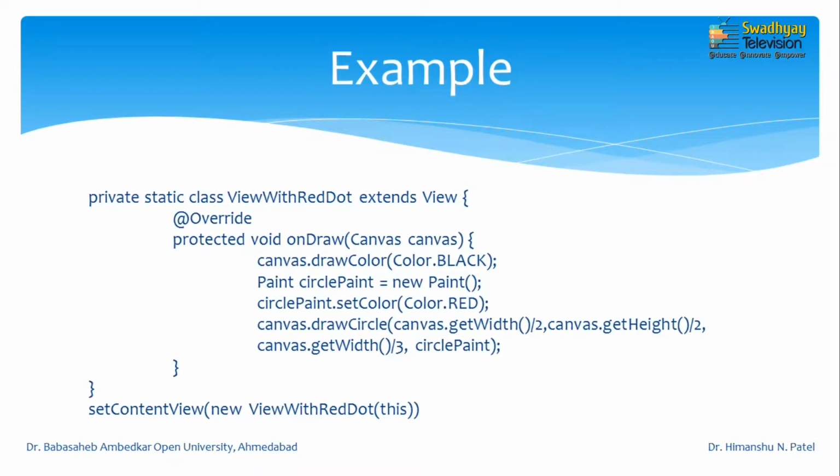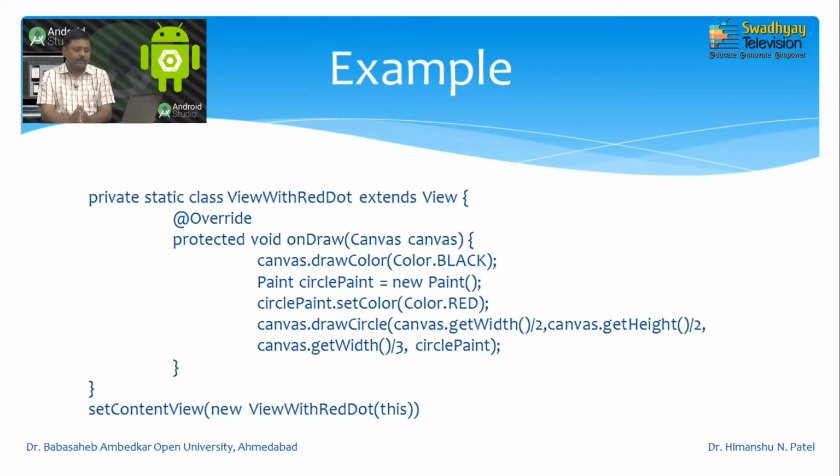For example, first line we write canvas.drawColor. It specifies the color for drawing, which is black in this case. Then we create a paint object named circlePaint, and we set paint color as red, and finally we draw circle using drawCircle method.